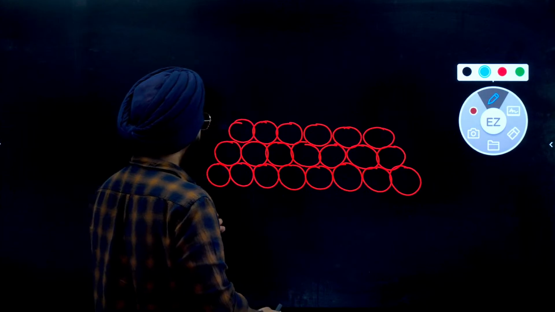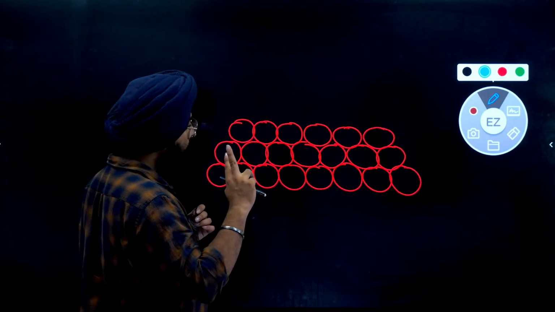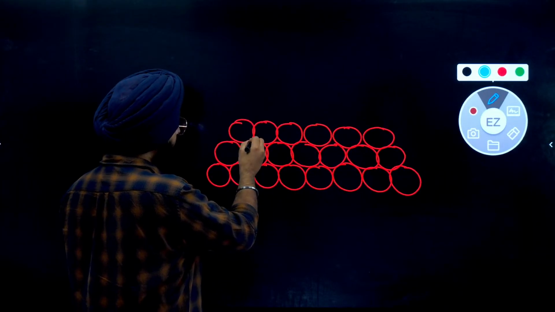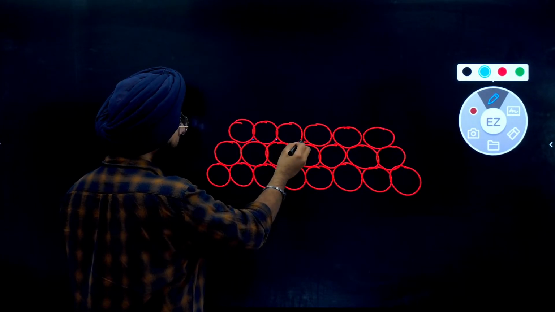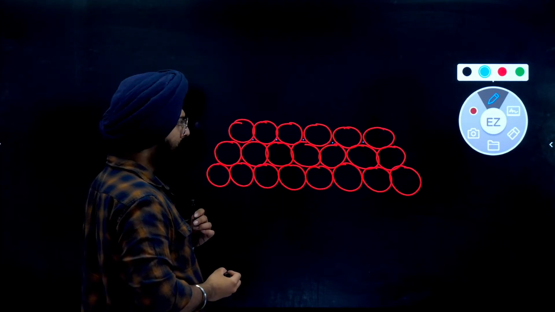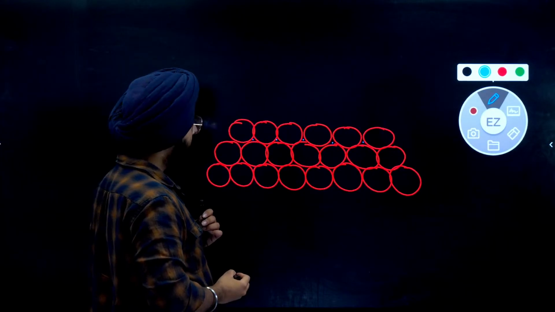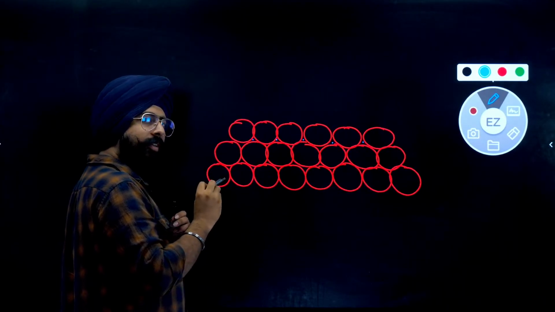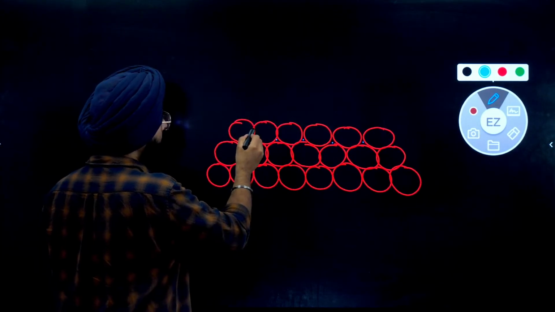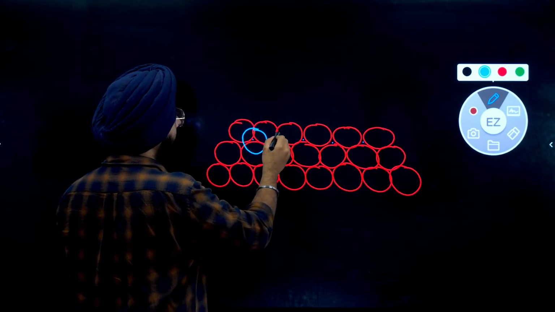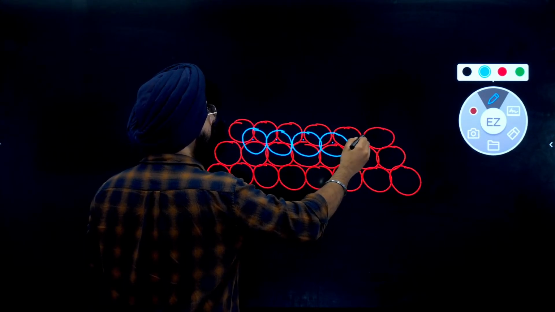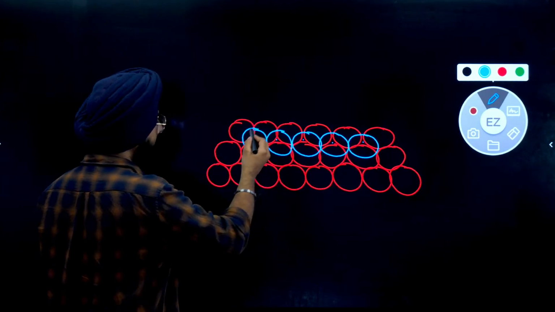So what do we do now? We can place the next layer in these gaps. ये gaps देख रहे हो? Can you see these gaps? So let's try to place spheres on top of those particular gaps. इनके ऊपर रखने की कोशिश करते हैं. Something like this. Where are these gaps once again?